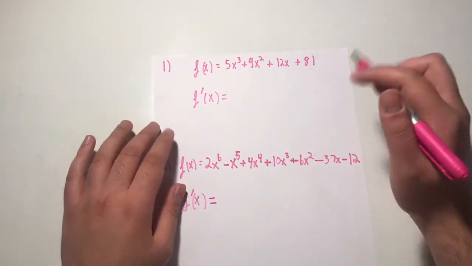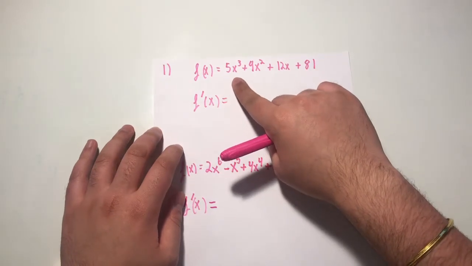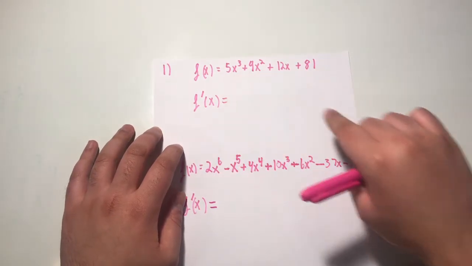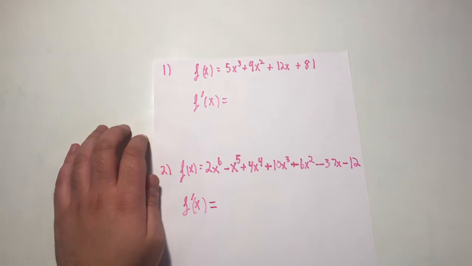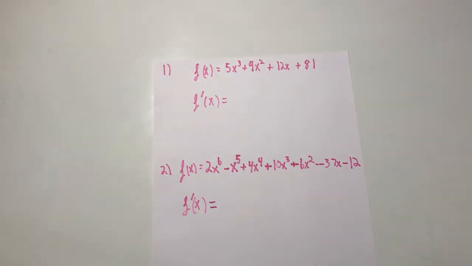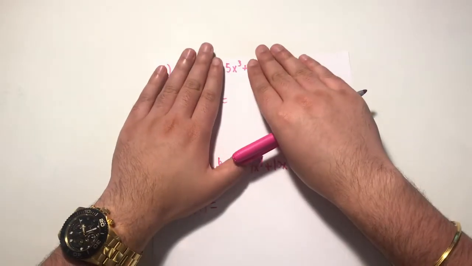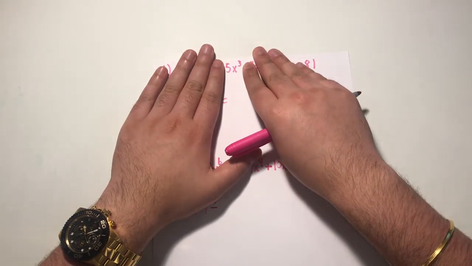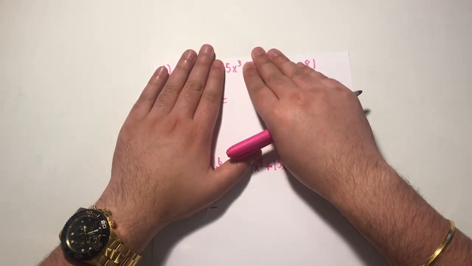All right? So this first one, we have 5x to the third plus 9x to the second plus 12x plus 81, right? Definition of the derivative would still work, but that would take forever. So let's use the power rule. First, let's take the derivative of 5x to the third, our first term.